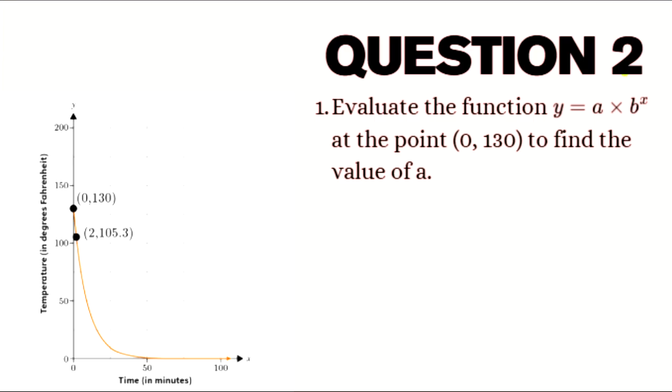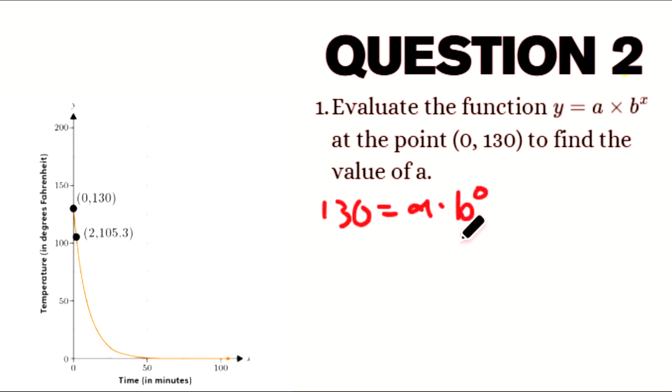All right, so evaluate the function, and they gave us 2 points right here. I just blew this up. It was really little. So let's see here. We are going to take our first point, which is 130 equals a times b raised to the power of 0.